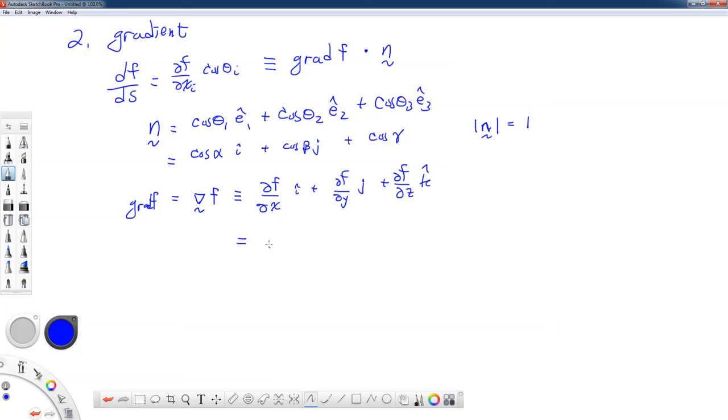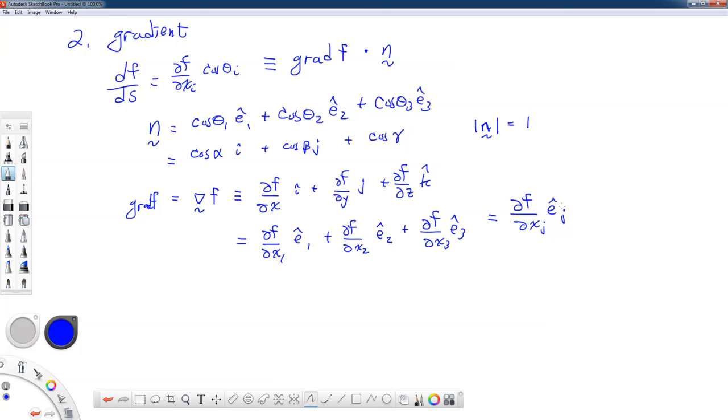Or in terms of our other notation, our 1, 2, 3 notation, partial of f with respect to x1 e hat 1 plus the partial of f with respect to x2 e hat 2 plus the partial derivative of f with respect to x3 e hat 3. Or if we want to put this together in our implied summation notation, we could say something like the partial of f with respect to x j e hat j, where we have that summation.